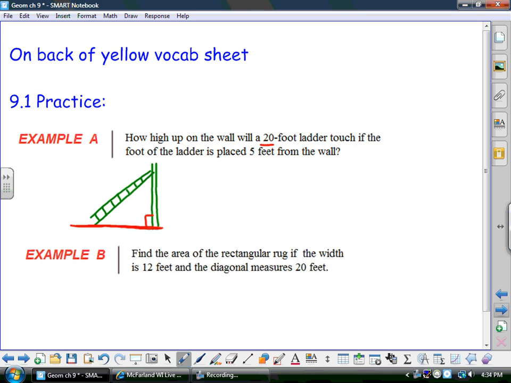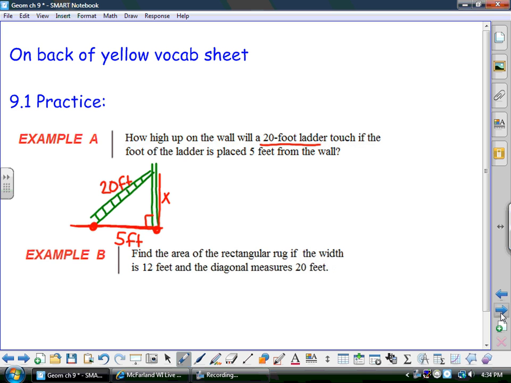It is a 20-foot ladder, and the foot of the ladder is 5 feet away from the wall. The question is asking how high up on the wall will it reach?